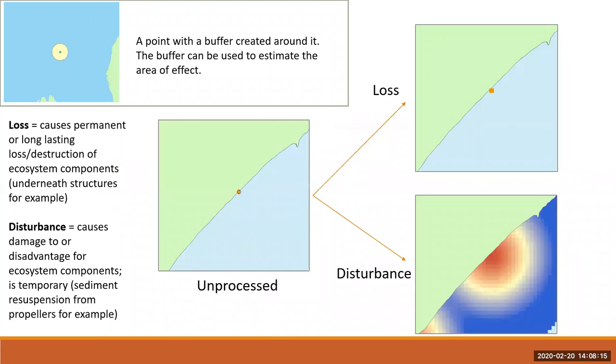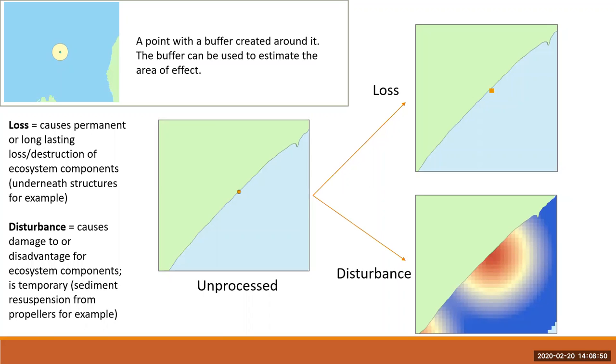After gathering all the human activity data, we created basically for every activity, you can say that it causes either loss and or disturbance. So loss is defined as causing permanent or long-lasting destruction of ecosystem components or nature.